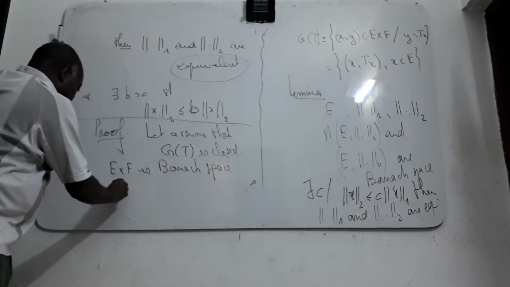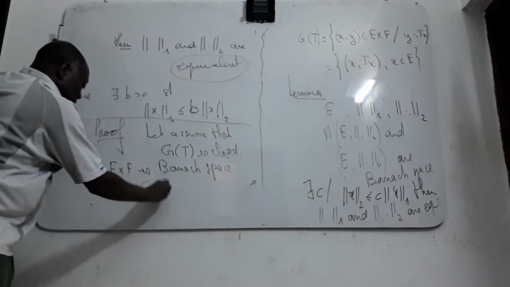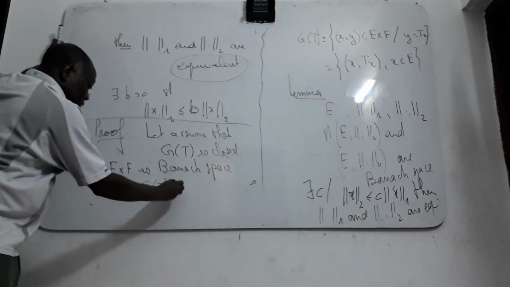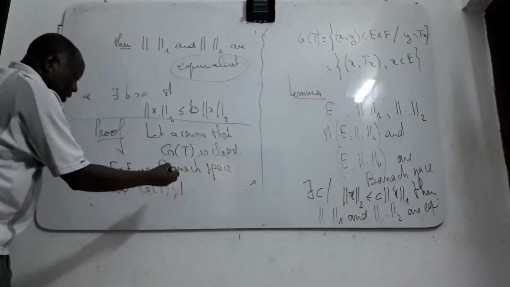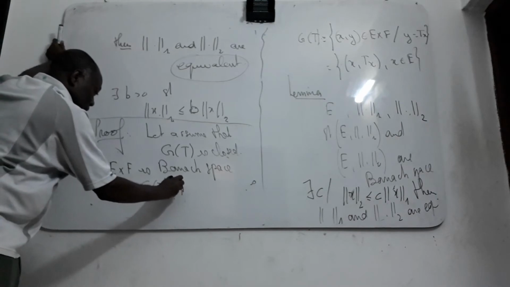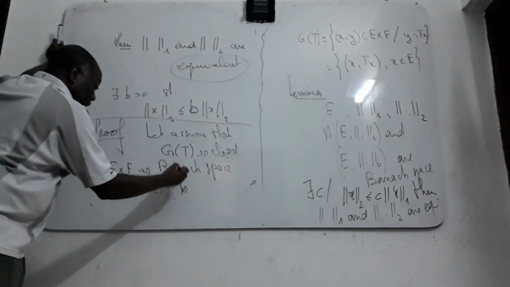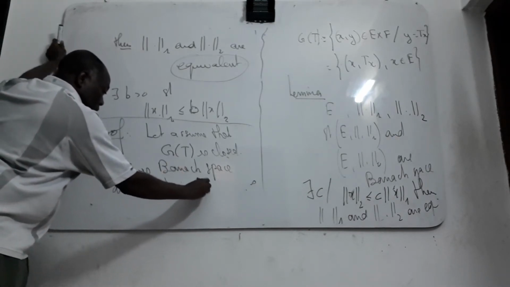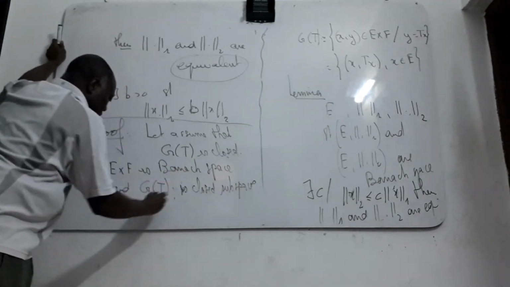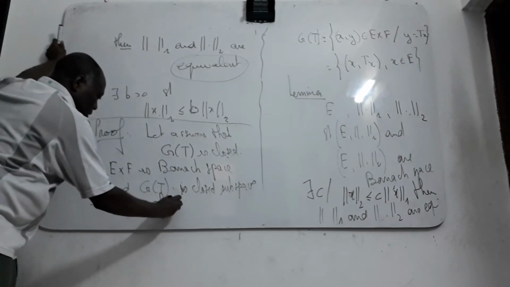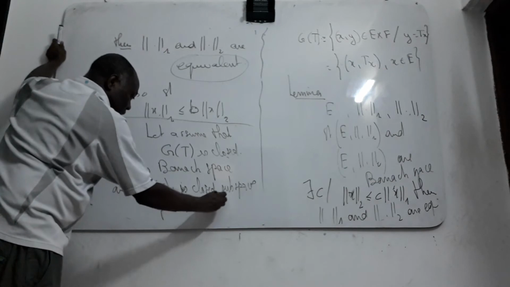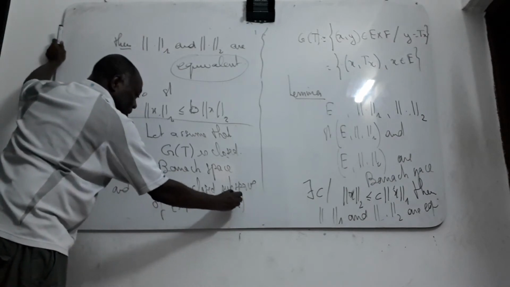And the graph of T, with this kind of norm, is a closed subset, a closed subspace of E × F. Then necessarily the graph of T is also a Banach space.